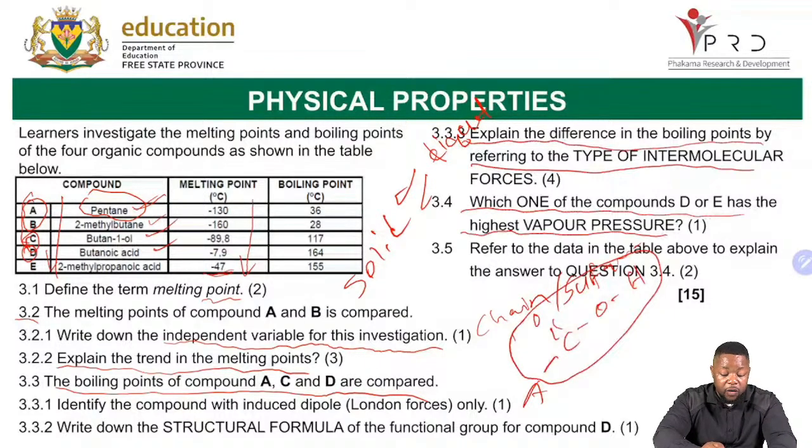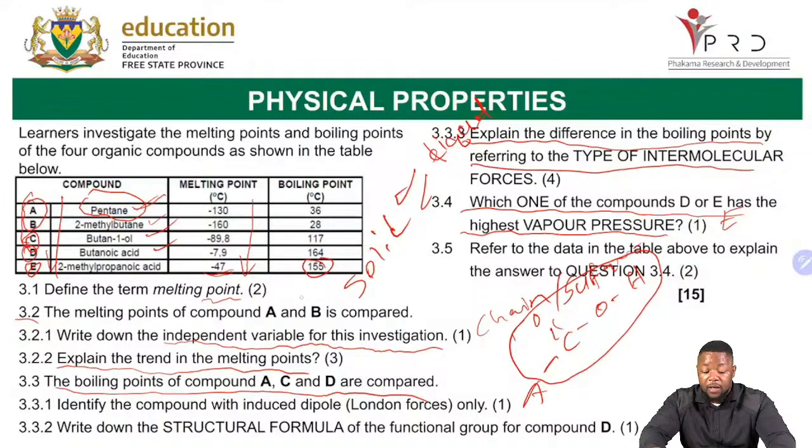If we look at the one with the lowest boiling point here, that would be E. And then refer to the data in the table to explain the answer. So the data in the table indicates that this one has the lowest boiling point between the two compounds, and therefore it will have a higher vapor pressure.